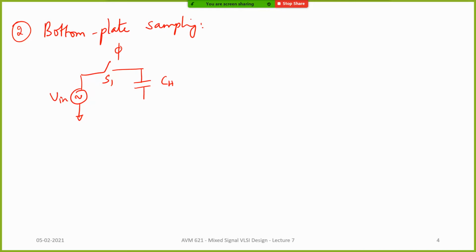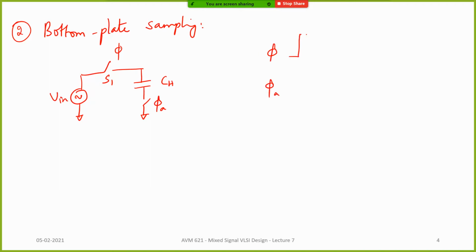So the idea behind this technique is to say, what if I cut off the current path? So what they do is you put one more switch here, and this is given to a phase which is slightly different. I'll just put it as phi A, referring to phi advanced.